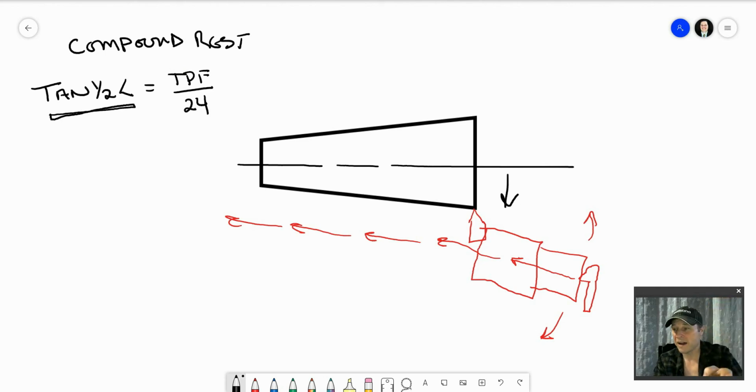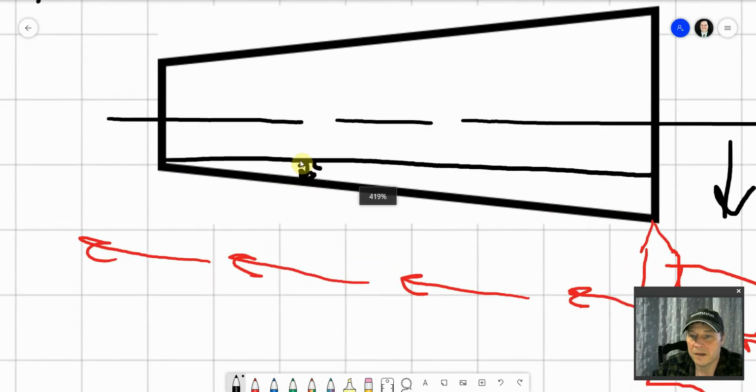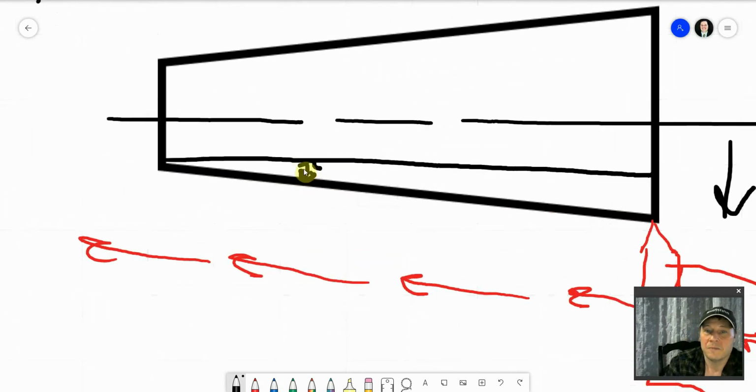So I solve half the angle because I want to know what this angle right here is. I want to know this angle because this is the angle that's going to be created if I cut this angle.